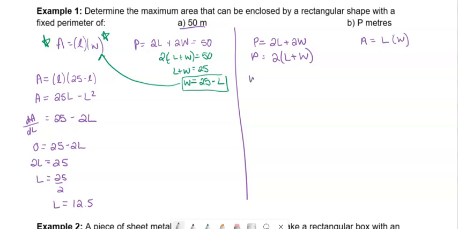We'll rearrange to still solve for W, but instead of knowing the value of the perimeter, we're just going to have the perimeter divided by 2 minus L. And we're going to plug this into our area formula because this is still the one that needs to be maximized. So we're still going to use this formula. And we're going to have area equals length times perimeter divided by 2 minus length.